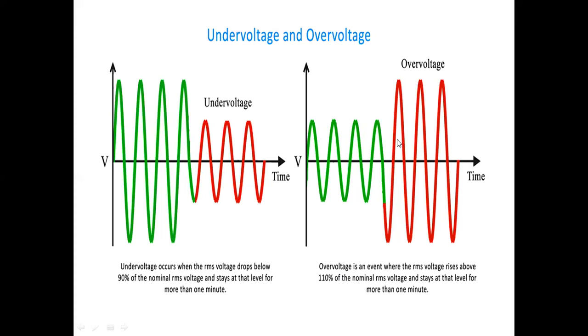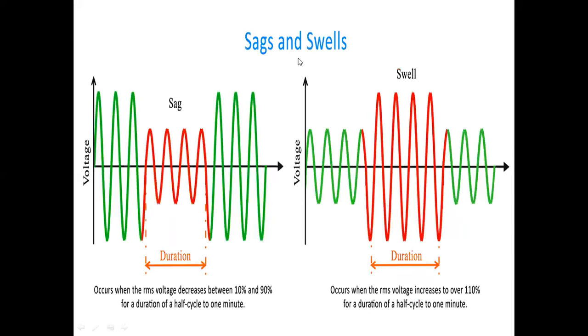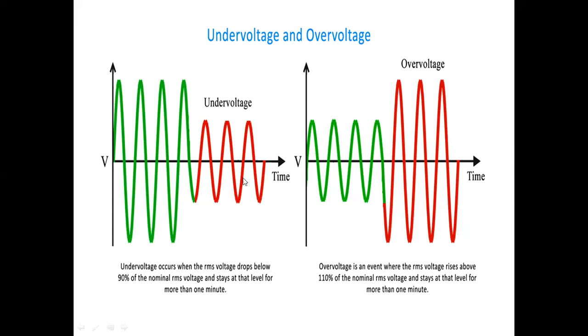When this above 110% voltage is maintained for more than 1 minute, only then is it over voltage. Otherwise, these are called sag and swell. Sag and swell are the same idea, but here the time is different. Here, more than 1 minute is under voltage, and more than 1 minute is over voltage.